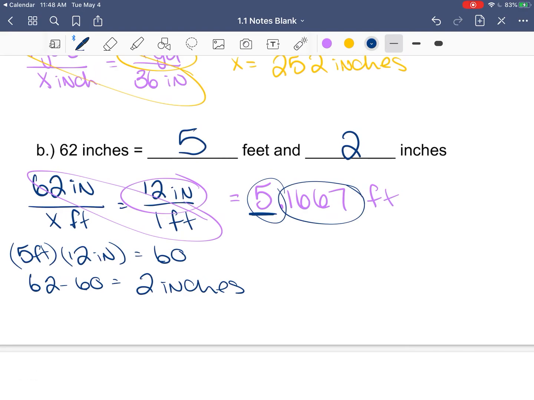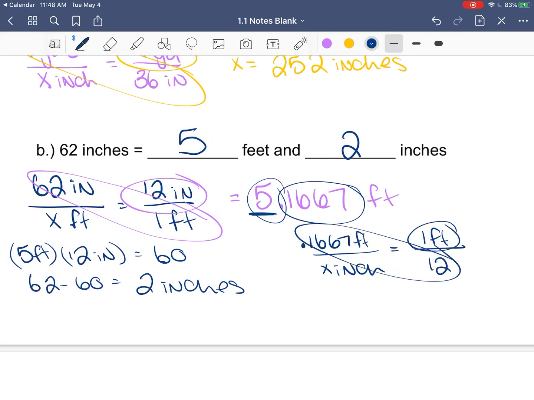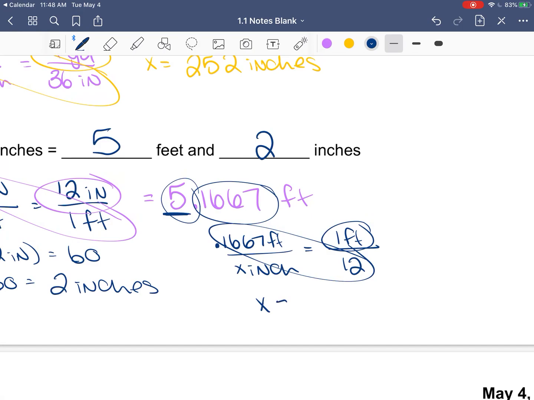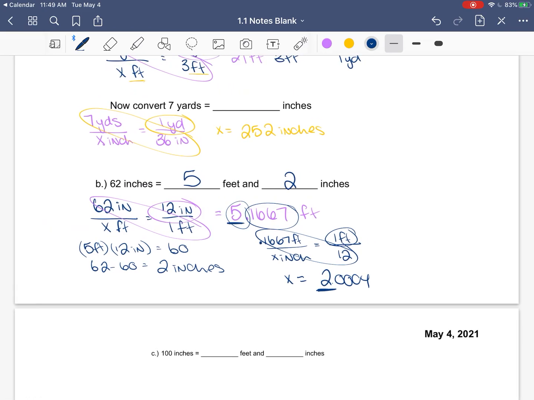The other way, I can also say I have 0.1667 feet left over. How many inches is that? In 1 foot there is 12 inches. If I multiply the pair, divide by the spare, I get X is equal to 2.0004. So that's basically just 2 inches.